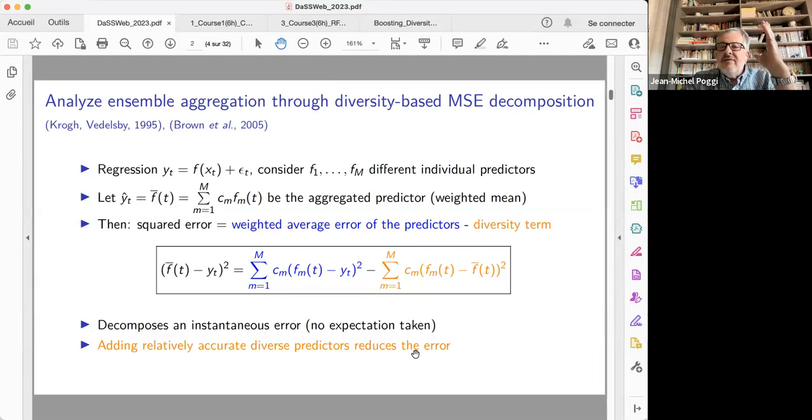Imagine that you have a mechanism which produces predictors that are relatively accurate, so that the first term is not too large and the increase is moderate. If you generate diverse predictors in a certain sense, you can reduce the error at the end of the day. This is quite a surprising result.